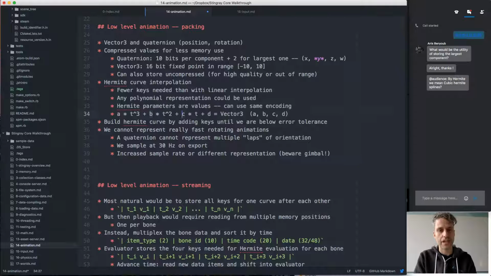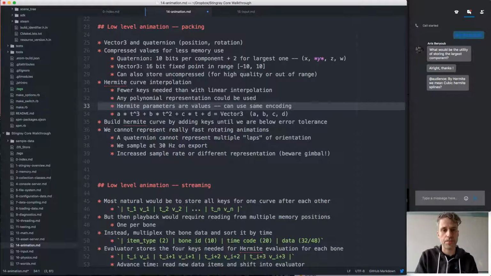That would make things more complicated because we found this nice compression scheme for the keys, but we don't really know what compression schemes we should use for these higher order curve parameters. We would need to think about that and find some other compression scheme, which is complicated.